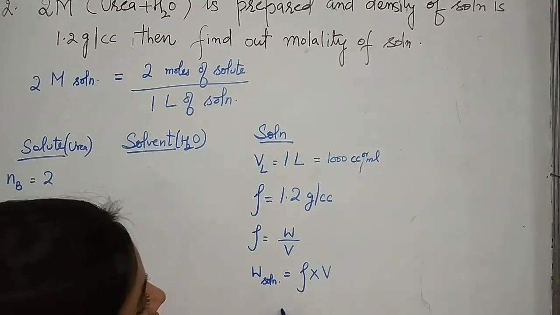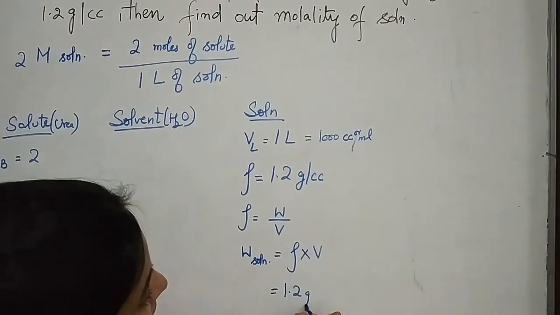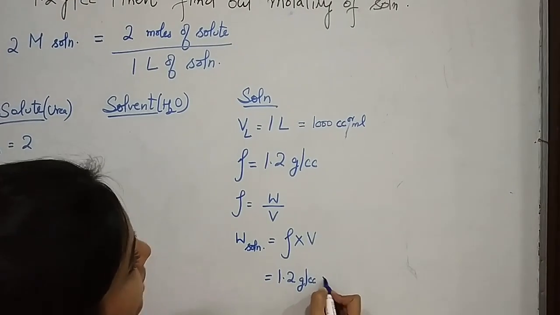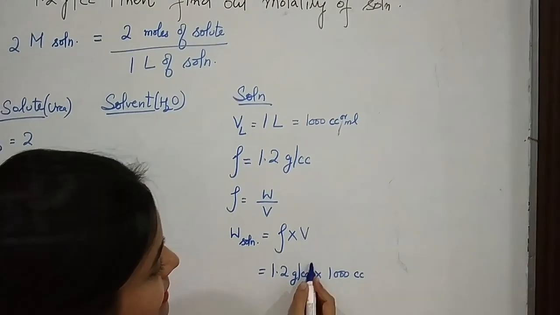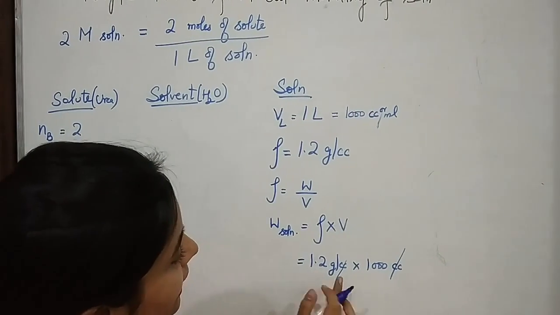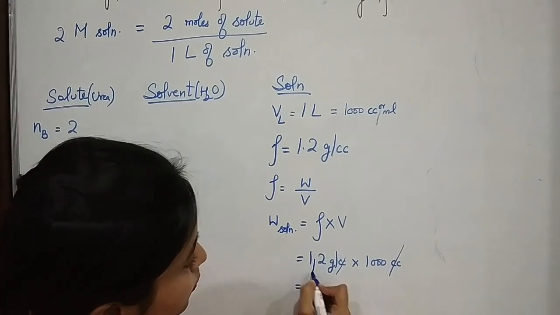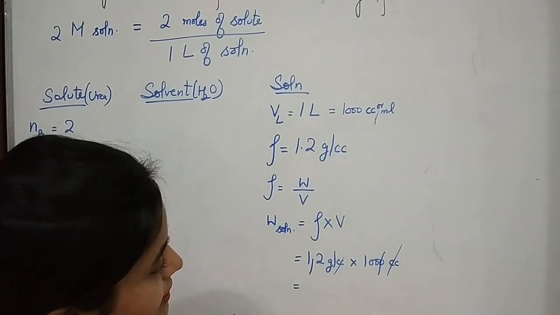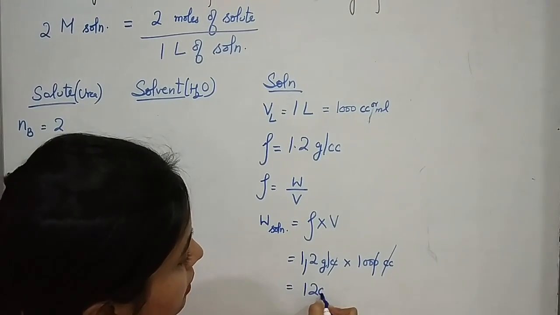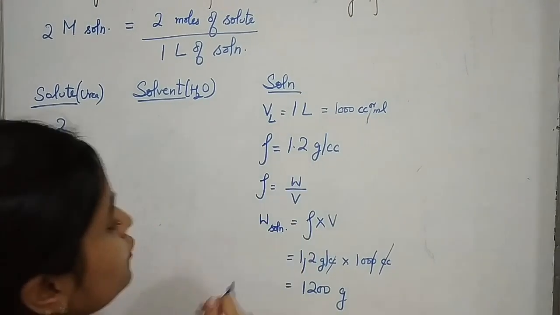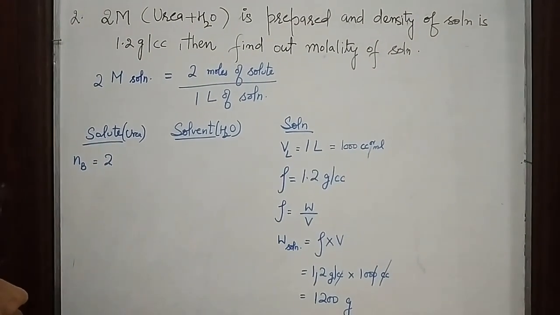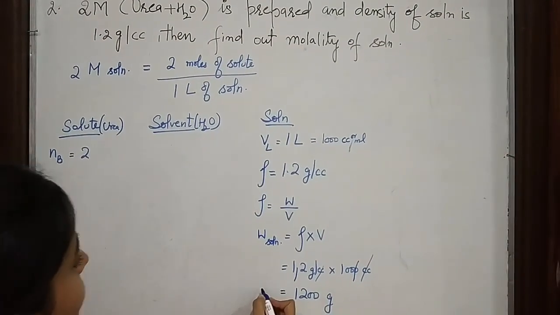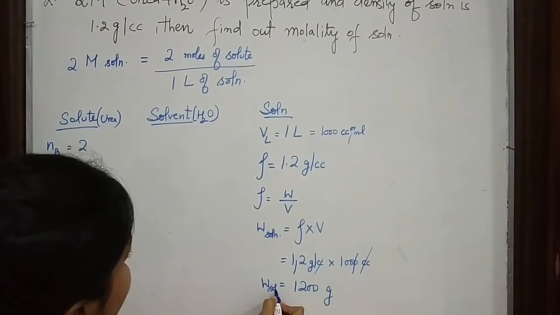Density is 1.2 grams per cc and volume is 1000 cc. This cc and cc cancel out, and you have 1200 grams of solution. Here you have the mass of solution, that is 1200 gram.